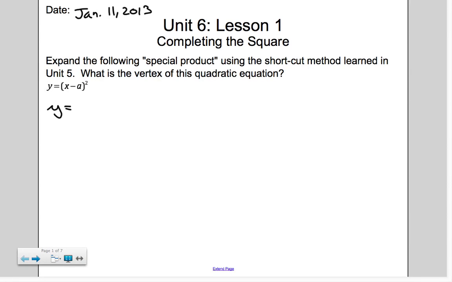When we had a binomial squared, a shortcut again was we take the first term in the binomial, so here was x, and we just square it, right? Then we took the second term in the binomial, here was a, and we just squared that. And because we're squaring it, it's always going to be positive, right?